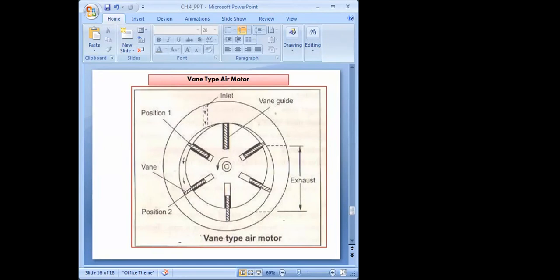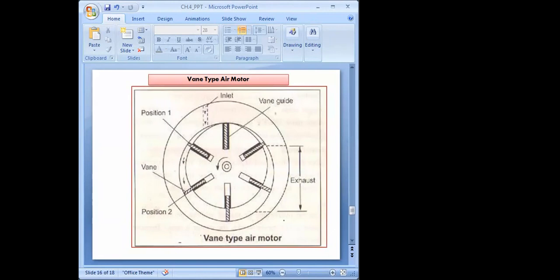Getting it? This vane type motor operates on the principle of differential areas, because the area changes. When compressed air is directed into the inlet port and comes inside this air motor, its pressure is exerted equally in all directions.